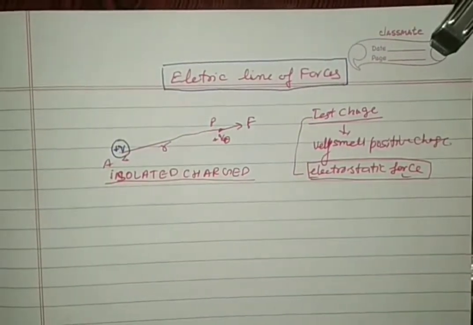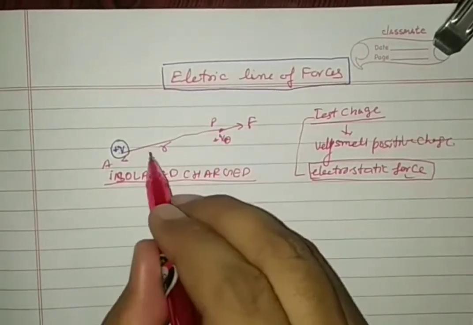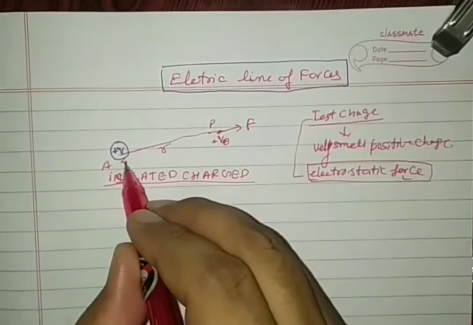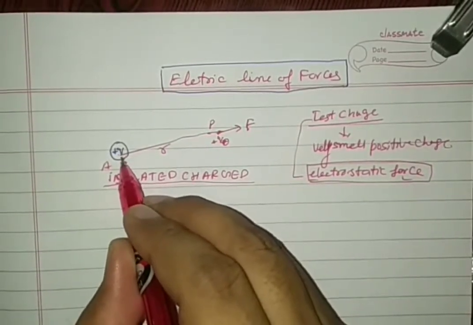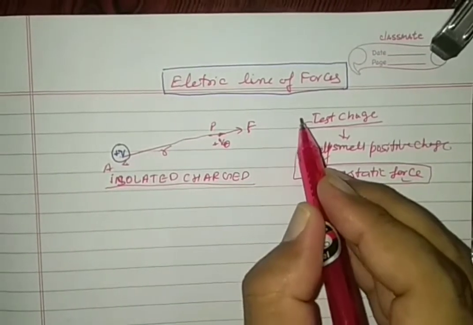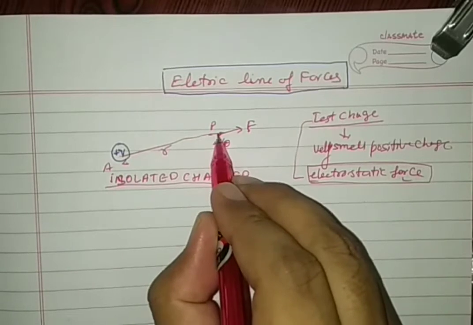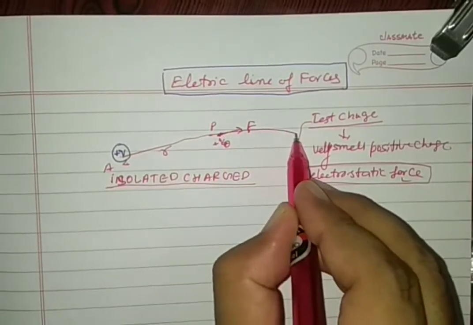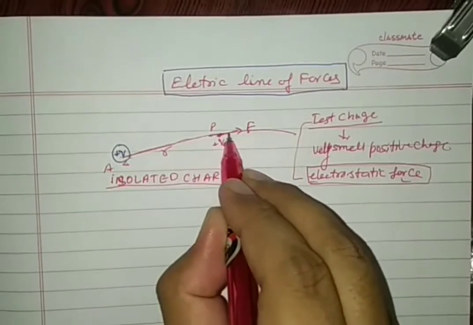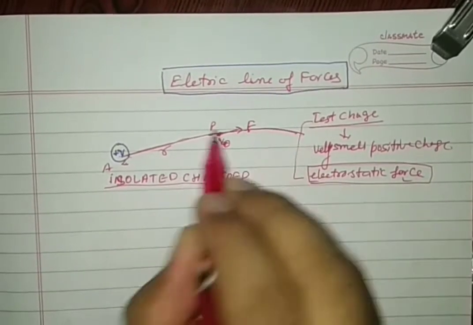Due to this force of repulsion, this test charge moves away from the isolated charged body P. When it moves away from it, it follows a curved path.